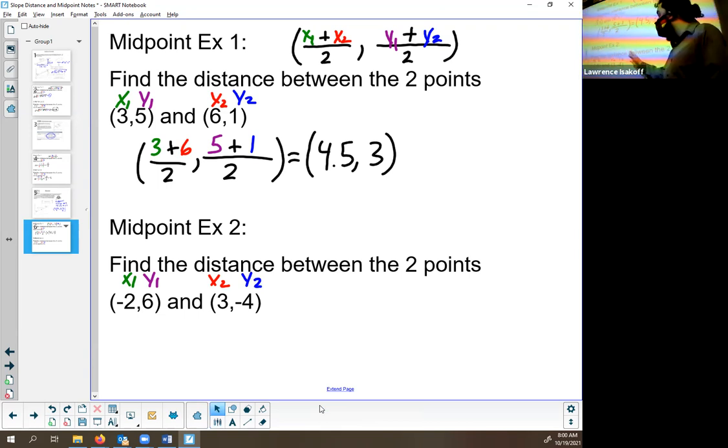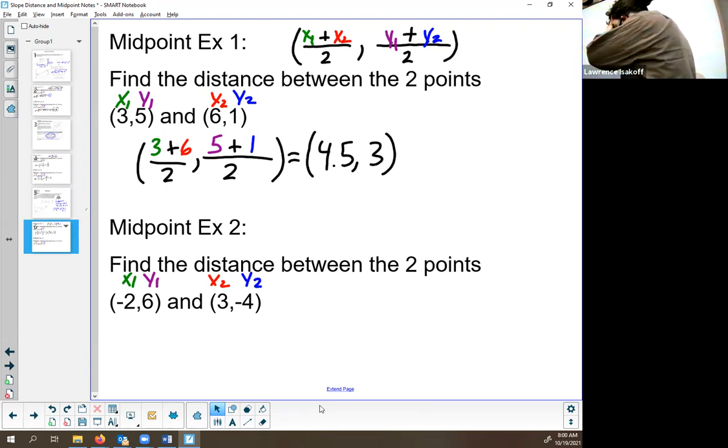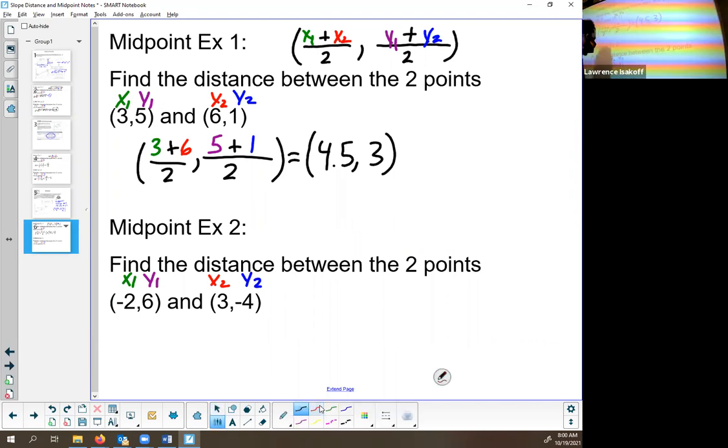So here's what I'm going to do. Again, I'm just going to plug in x1 plus x2 divided by 2, y1 plus y2 divided by 2. So please just again be careful with your signs. So it's going to start out.